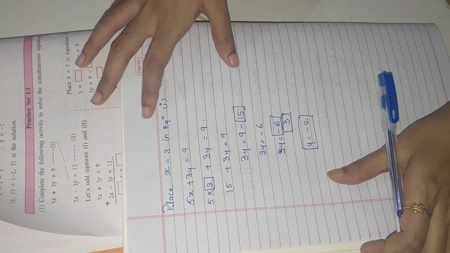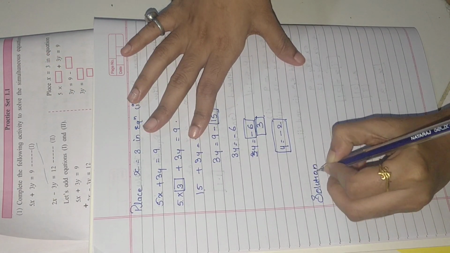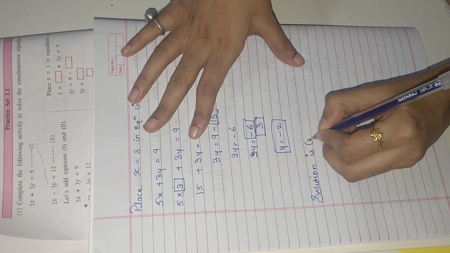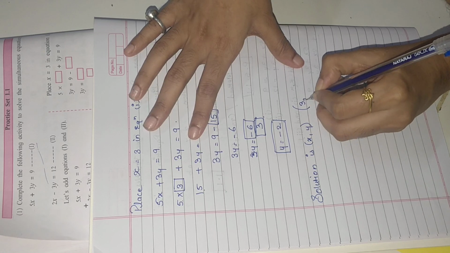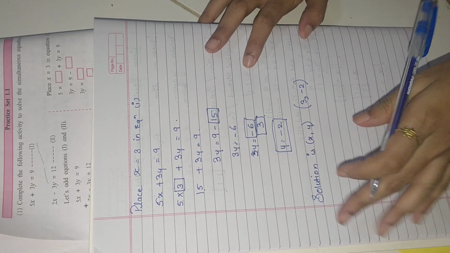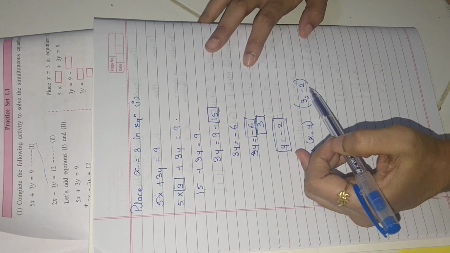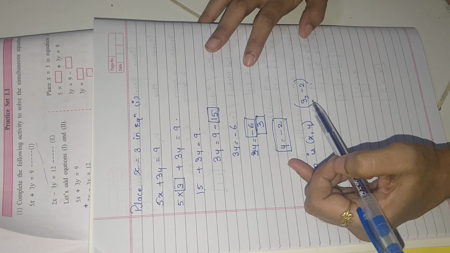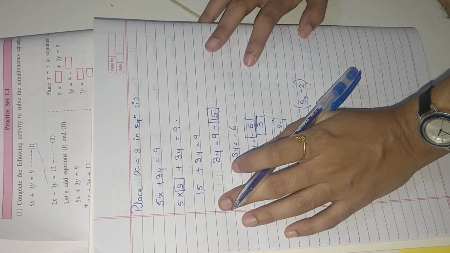So here you got the solution as x, y. See, the value of x you got is 3 and the value of y is minus 2. Even if you solve y first and you get the value of y first, then also you are supposed to write the y next and the value of x should always come first. So here we complete with the sum number 1.